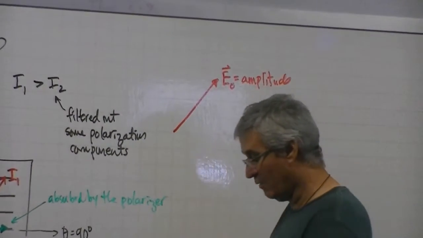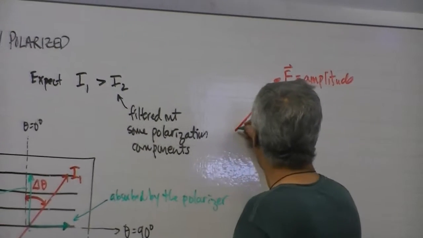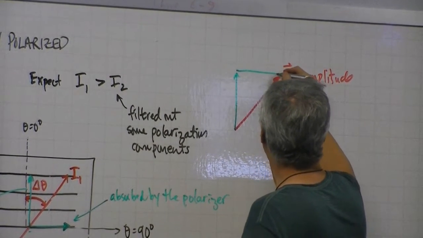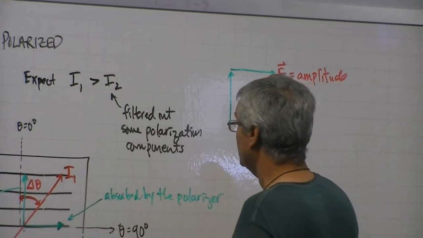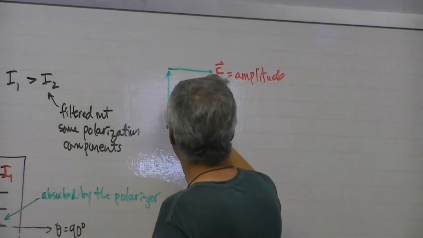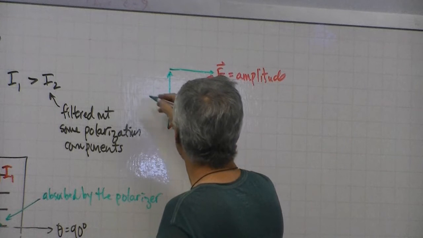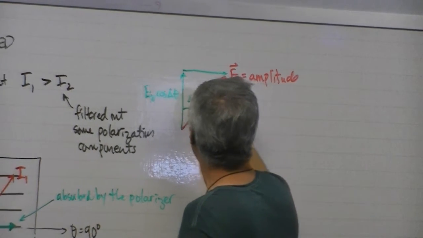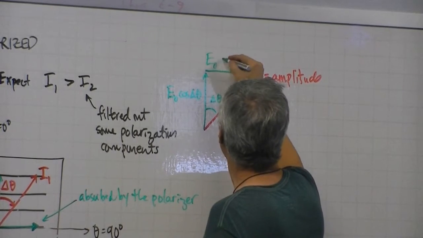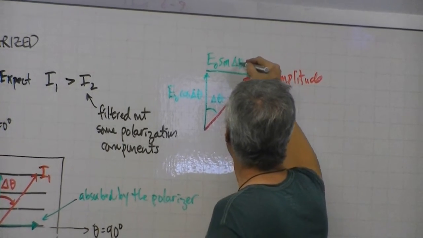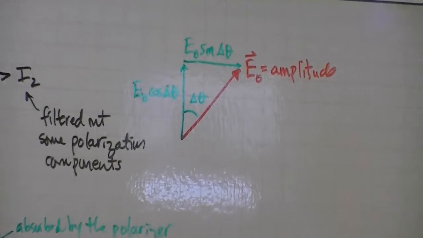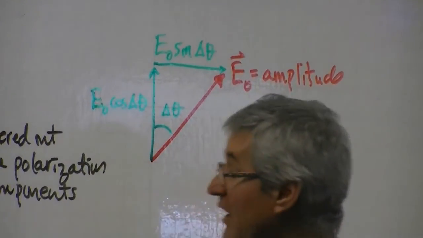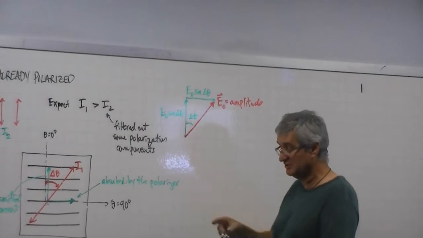And so when I now break this guy up, I have a vertical component like this, and then I have a horizontal component like this. If this angle right here is d theta, then this guy should be E naught cosine of d theta. This should be E naught sine of d theta. And what you're seeing here is that that guy goes to 0 and it gets absorbed. The only surviving component is this cosine.